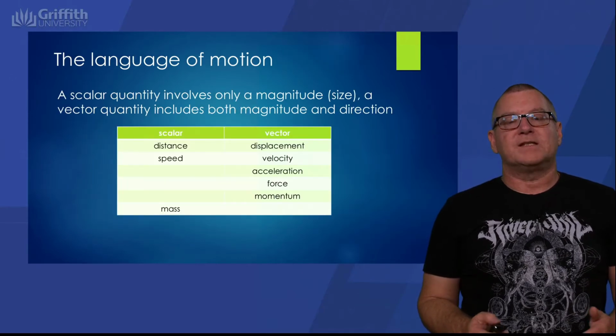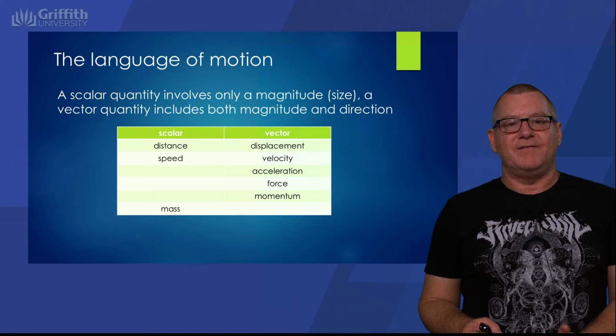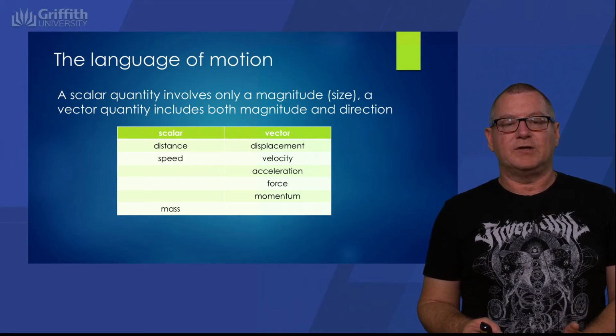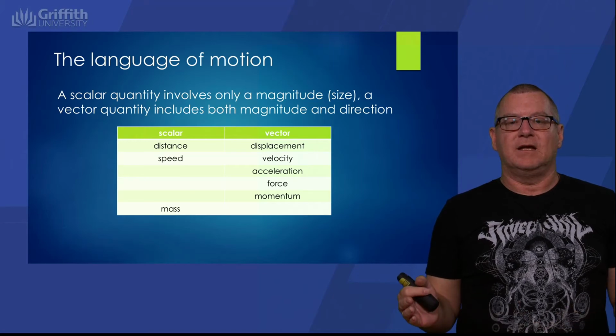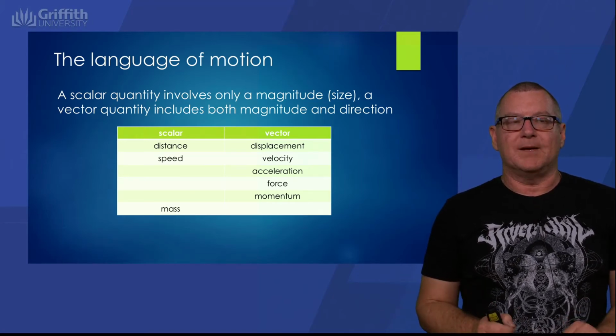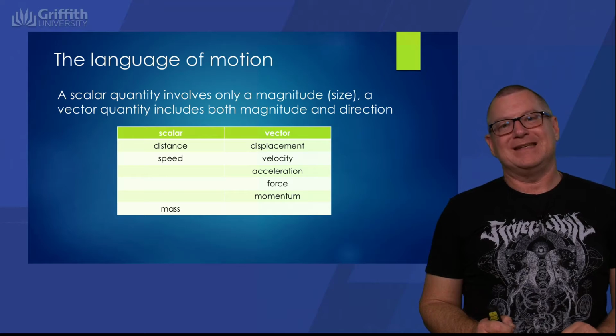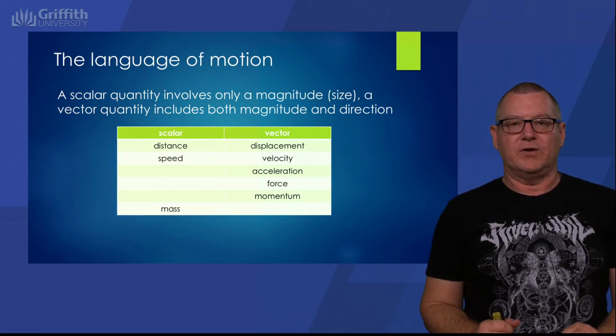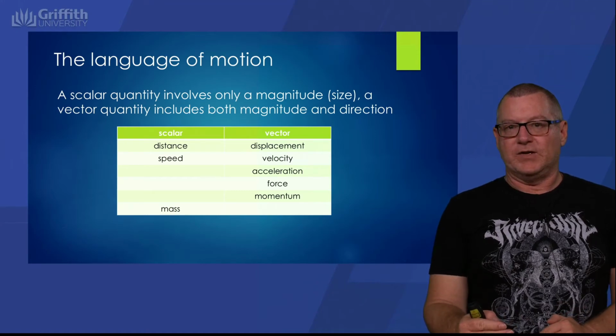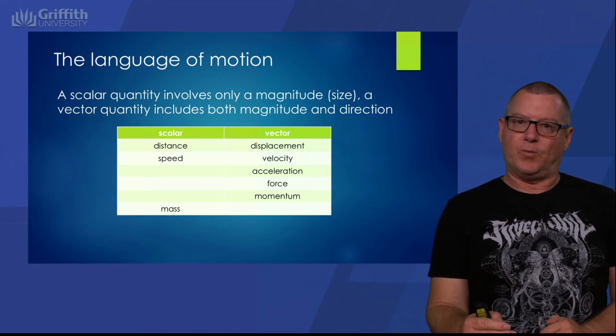So scalar and vector quantities are two different kinds of quantities. A scalar just has a size. So something like a dozen eggs is a scalar. We say that we have 12 eggs. We don't say that we have 12 eggs northwest.